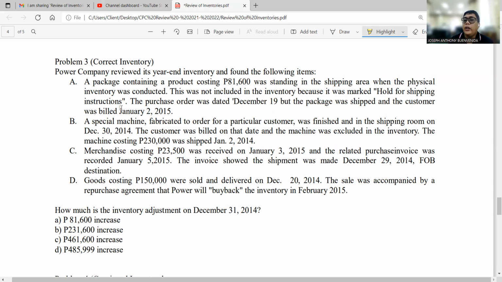This was not included in the inventory because it was marked hold for shipping instructions. The purchase order was dated December 19, but the package was shipped and the customer was billed January 2, 2015. So the question, do we include it or not?